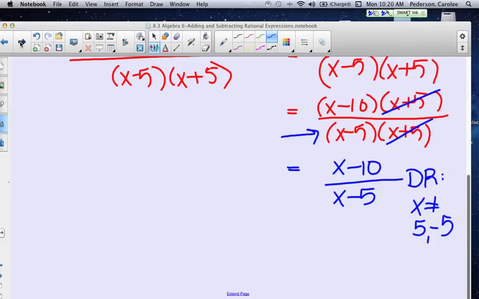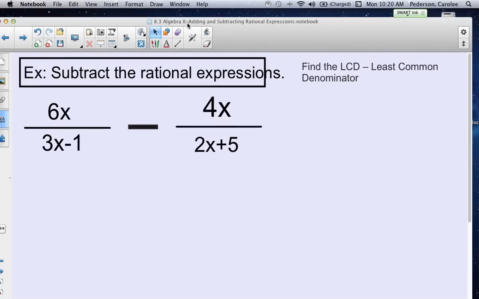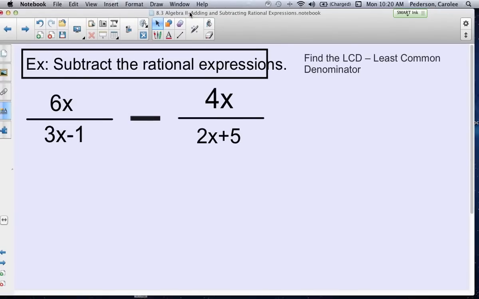Last example. Subtract these rational expressions. So we want to first factor their denominators if they are possible. In this case, there's nothing to factor. So the least common denominator is both of the denominators.